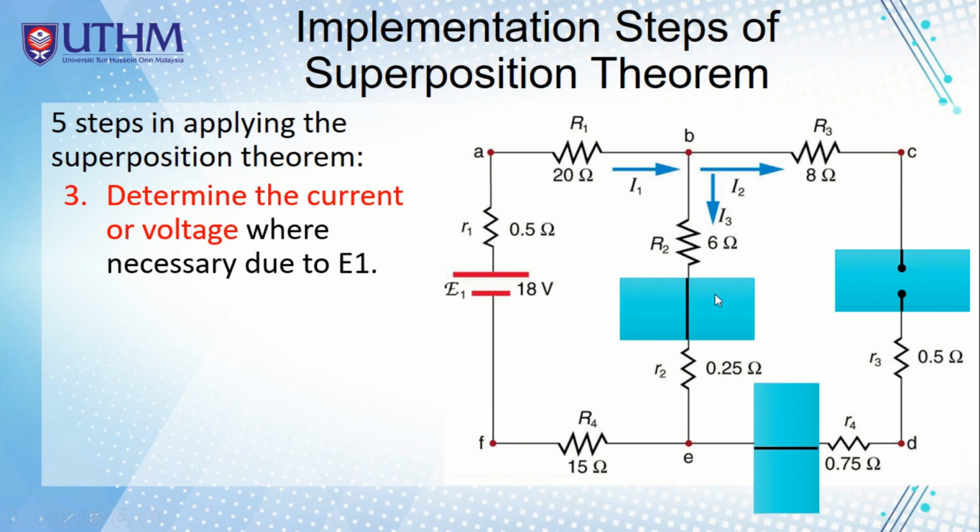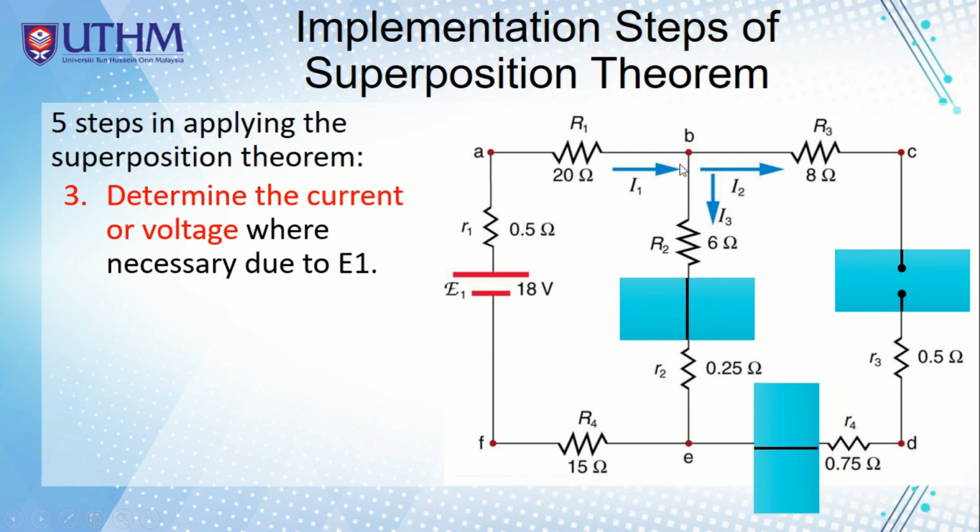This is because in this situation, the current source has cut off I2, so the I2 part will now become 0. Only E1 will flow through this loop of I1 and I3.